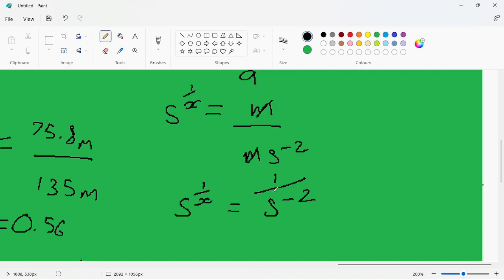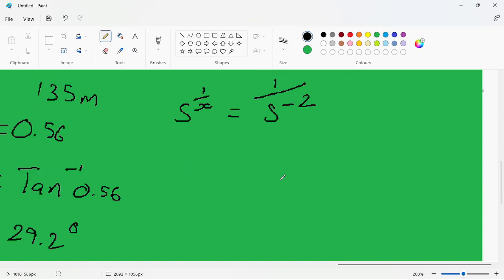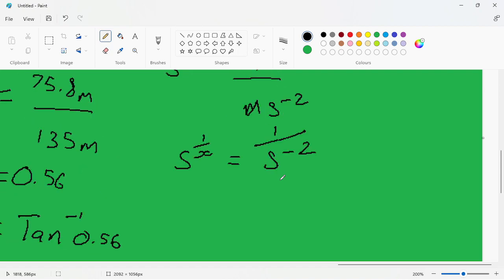There we go. Now this gives us another law of indices to work with. Basically, when we have 1 divided by a number that is raised to a negative exponent, it is the same as saying that number raised to that exponent. To prove that, you can say 1 divided by 2 raised to the minus 2, right?